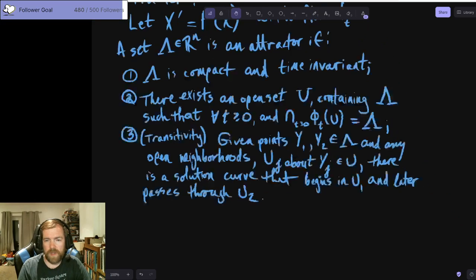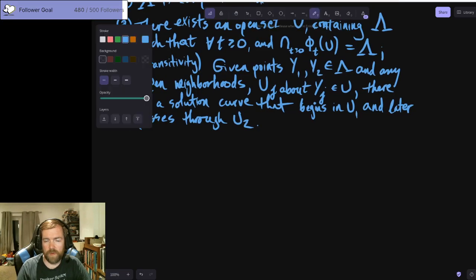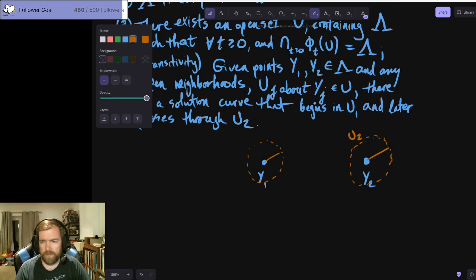So this is also kind of interesting if we look at it from the perspective of some sort of attractor, right? Y1, Y2.